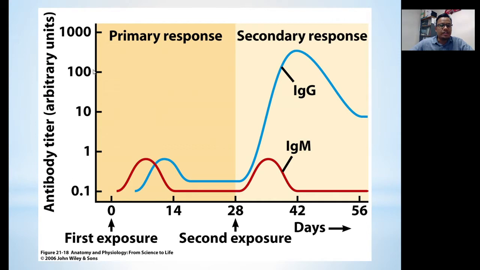So here is the level of antibody titer, how many antibodies, and this is for the length of time, I mean the time needed for the primary response or secondary response to become activated.